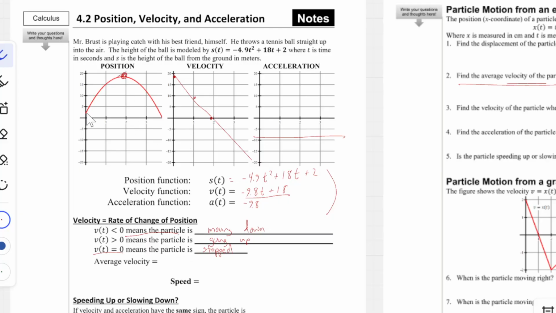The average velocity between any 2 points, which they didn't give, but I guess we just assume they mean from 0 to whatever time that is. This is going to be just the slope of that secant line.